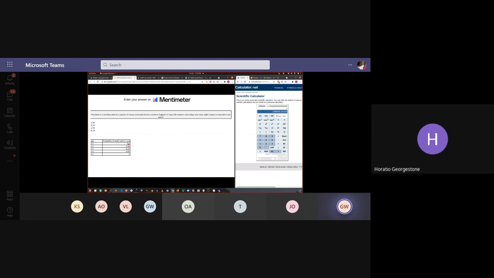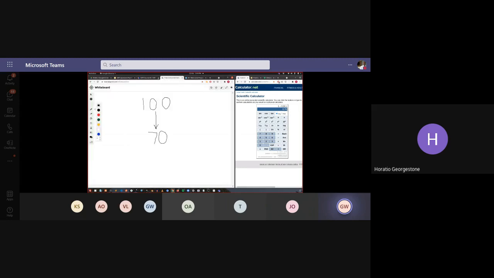This means that they've got a 76% chance of living, because 1 minus 0.24 is 0.76. So that means that 76% of the 70 mice will live.